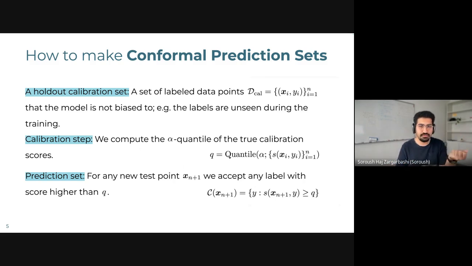So you evaluate the score function on each of these calibration points on the true label, and then you take the alpha quantile of these scores as your acceptance threshold. Now, during the test time, you again evaluate this score function on all labels for the test point and take those that are above this acceptance threshold. So basically, it's really simple to apply. And this prediction set that I defined here has the 1 minus alpha guarantee.